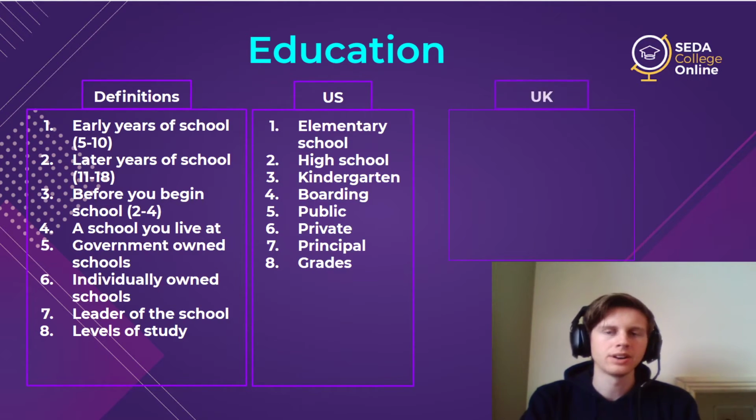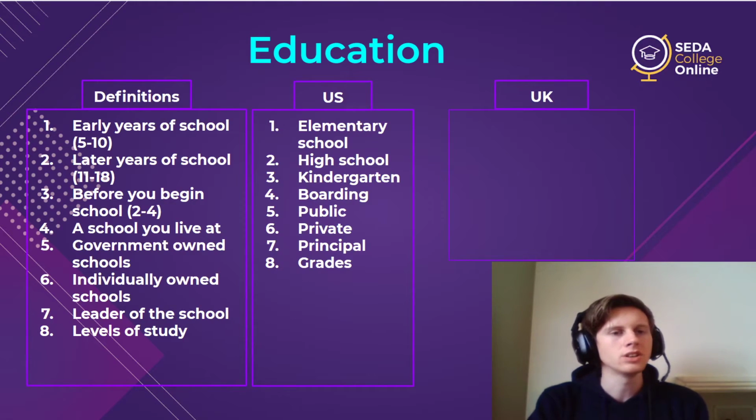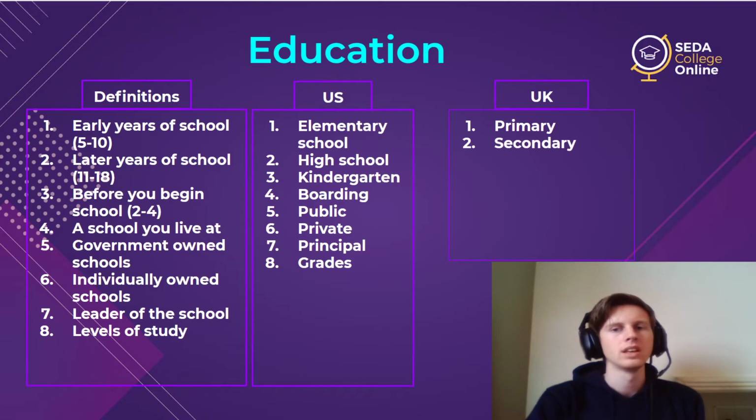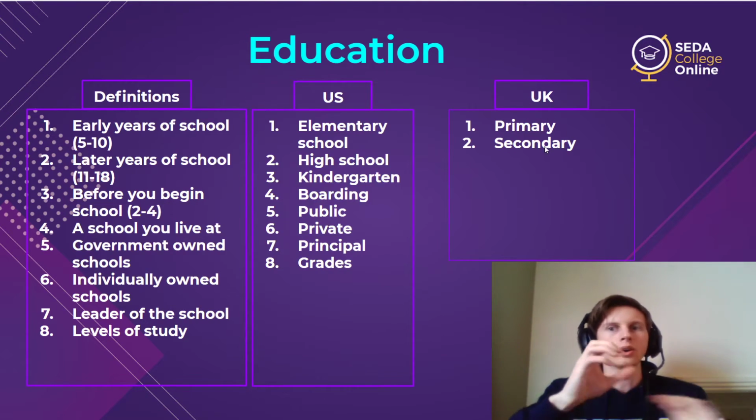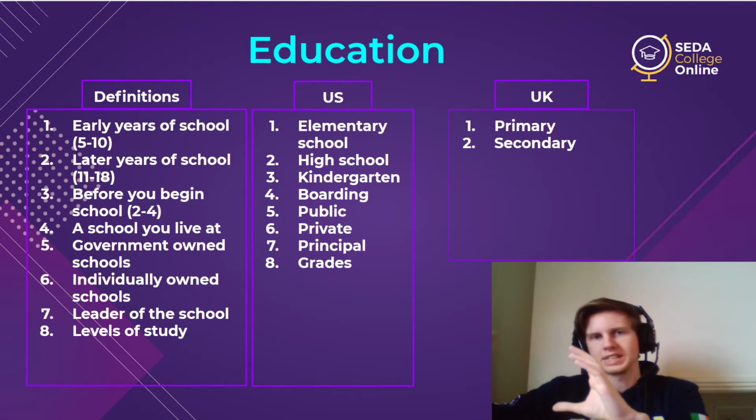Now let's compare the British English. So in Britain, instead of saying elementary school for early years, they say primary. And then the next half of school is called secondary. Again, just like the United States, in parts of the United Kingdom, they have more. So they might have a middle section, or they'll have another one after that has a different name.